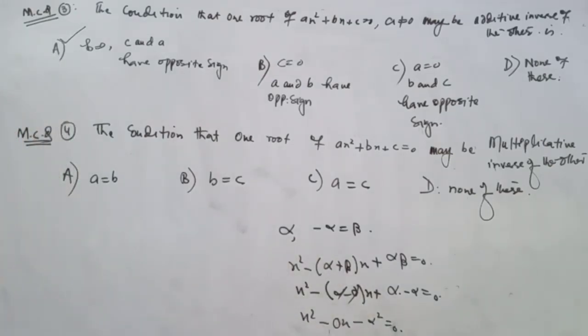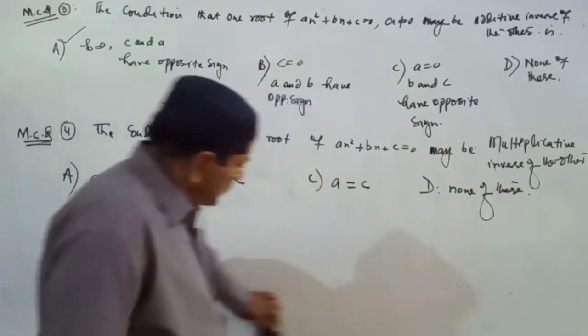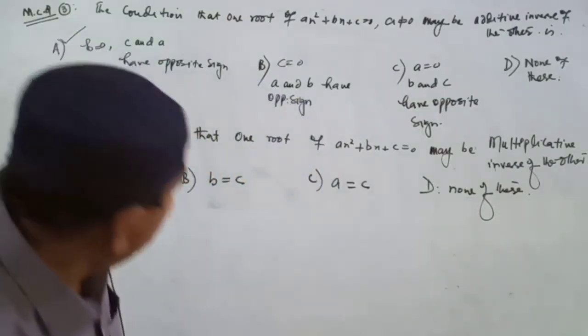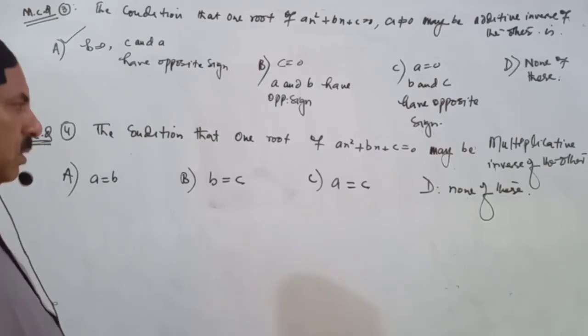Next is the condition that one root of x may be the multiplicative inverse of the other.